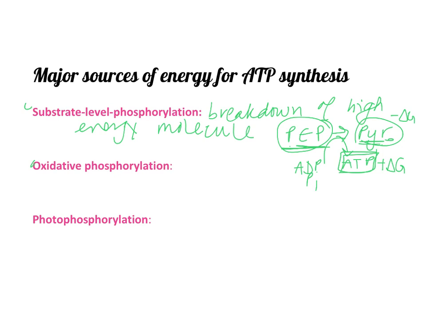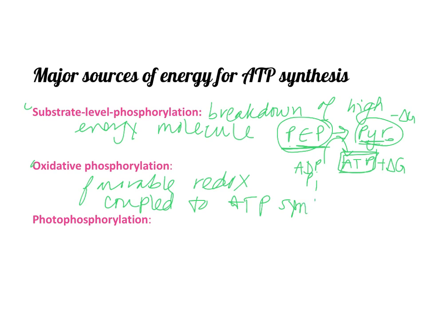So oxidative phosphorylation is, I'll just call this, favorable redox coupled to ATP synthesis. So in this case, the redox has the negative delta G, and again, the ATP synthesis is the positive delta G, and you can couple those together. So this one is literally bouncing electrons around, and those electrons go in a very favorable direction.